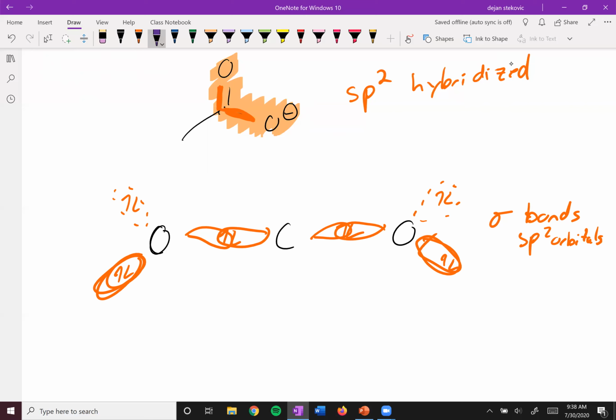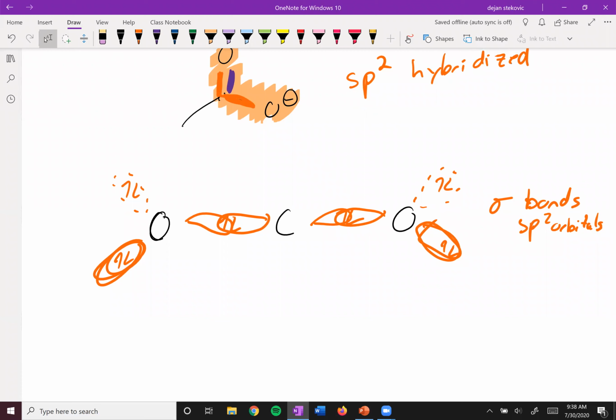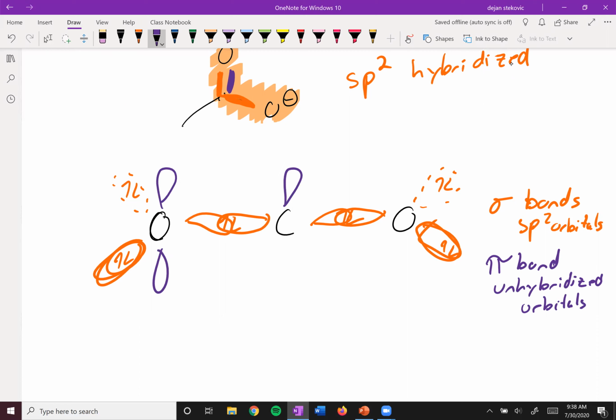And then we have this double bond, right? The second out of the two bonds. And remember, this is a pi bond. And pi bonds come from the unhybridized orbitals. And so since these are all sp2 hybridized, they all have one unhybridized p orbital.